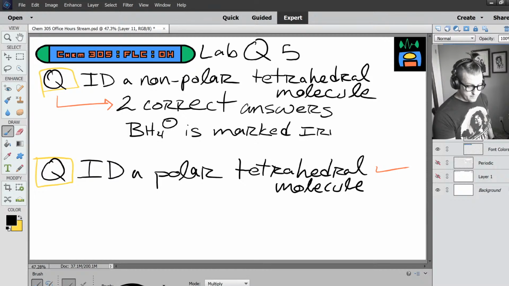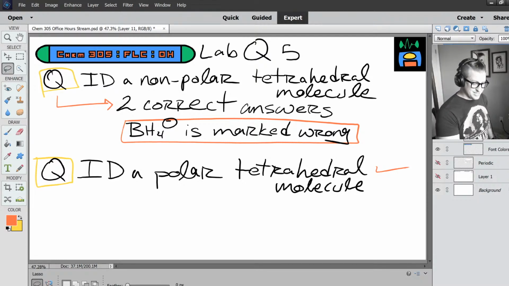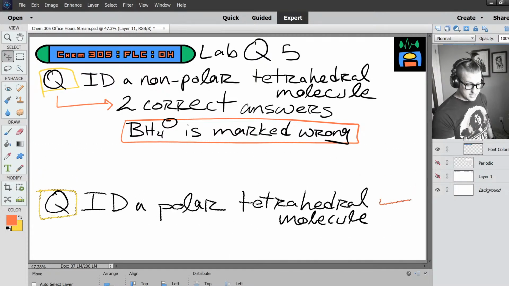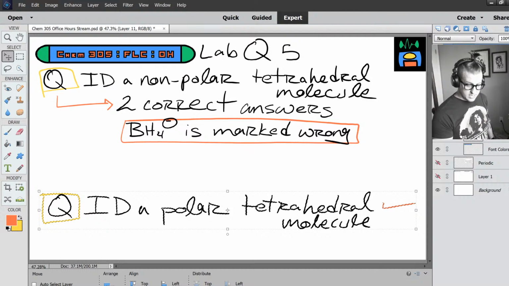But that is, so this is one of the wrong answers, but that should not be because this molecule is nonpolar.